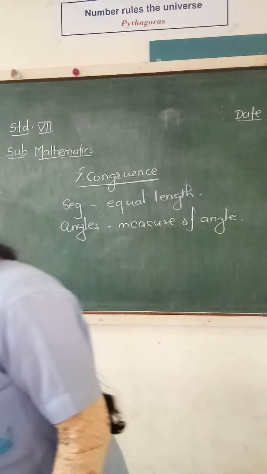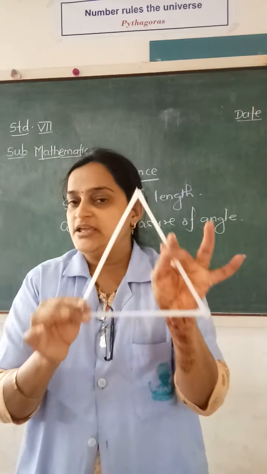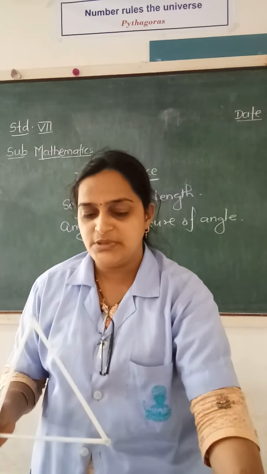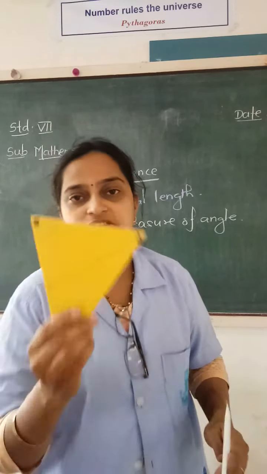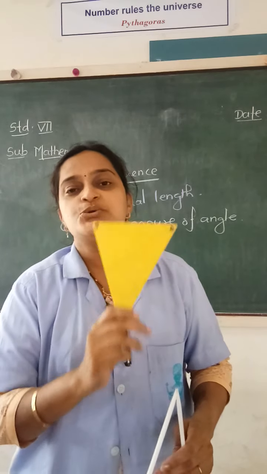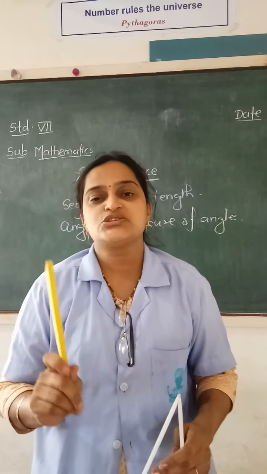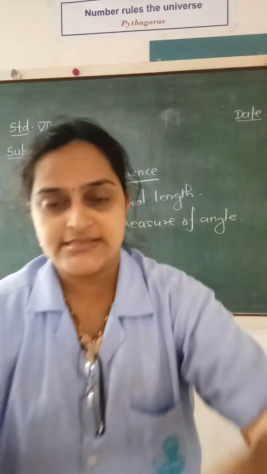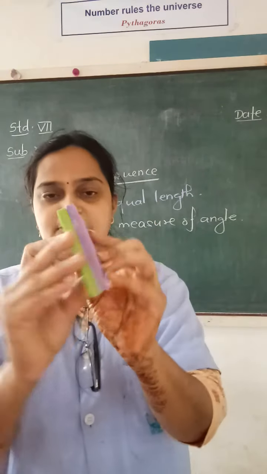Right now, you think of this triangle only, but whatever the material is available right now for me, I have such triangular regions which I am going to use to explain to you the congruence of triangles. Okay. So let us just see it. See, these are the two triangles in my hand.